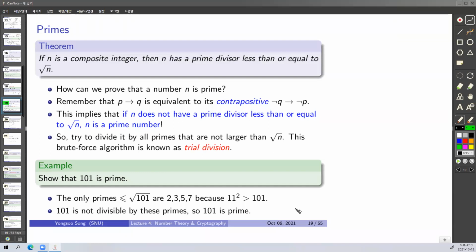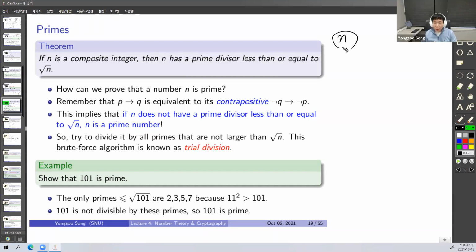So suppose that we are given an integer n, and how can we tell if n is a prime number or a composite? Sometimes we want to distinguish if this integer is a prime or not, or sometimes we want to factorize this integer so that we find prime factors of the given integer n.